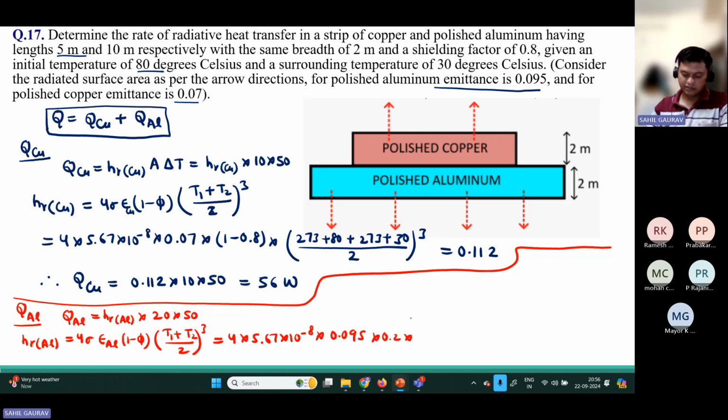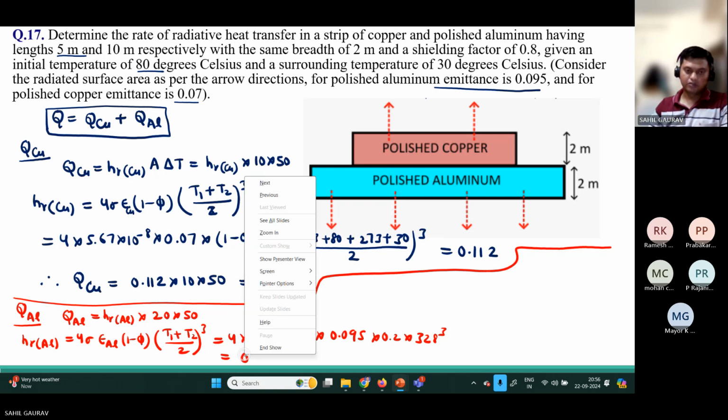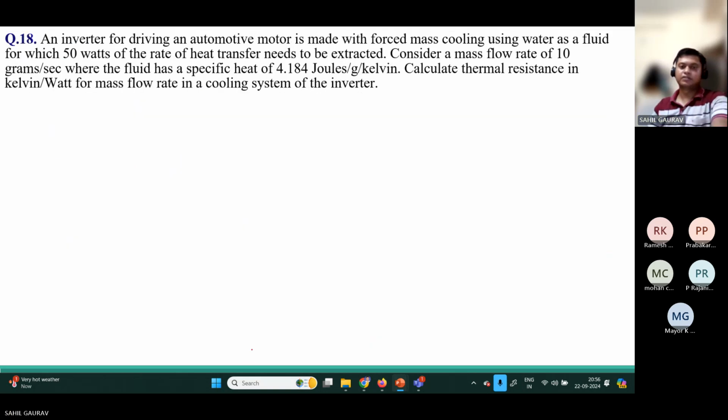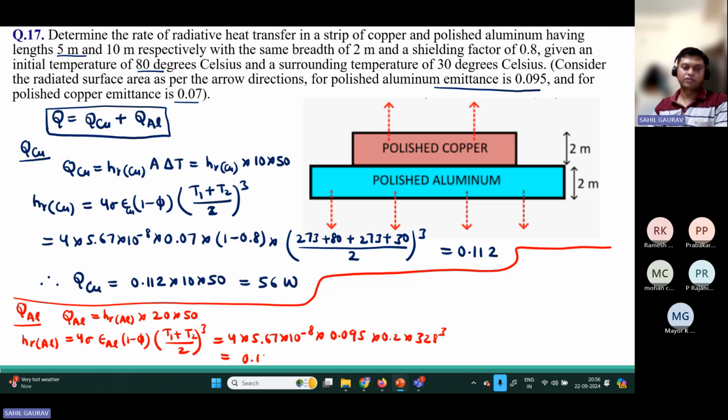So this will be the same T1 plus T2, 328 cubed. This will give us 0.152. Therefore, you will get Q aluminum as 0.152 into 20 into 50, so you will get 152 watt.